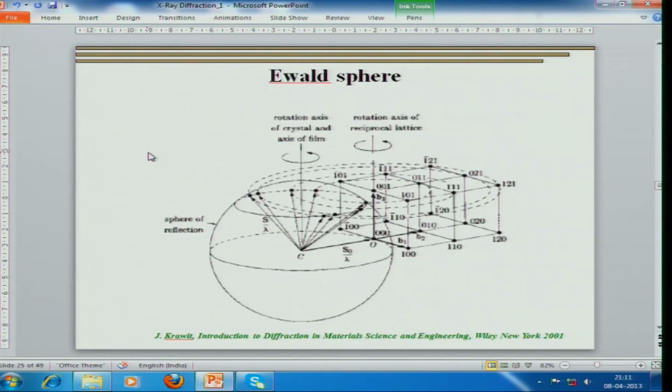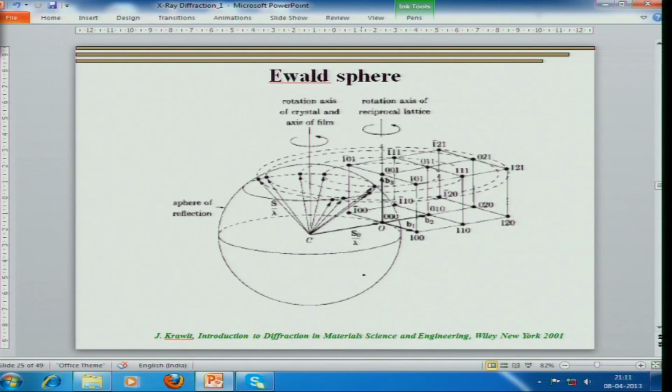This is what has been shown in this slide, and herein I have shown a 3D representation instead of a normal 2D representation, and here we can see how exactly the Ewald sphere looks. So, this is my Ewald sphere, and this is my reciprocal lattice.